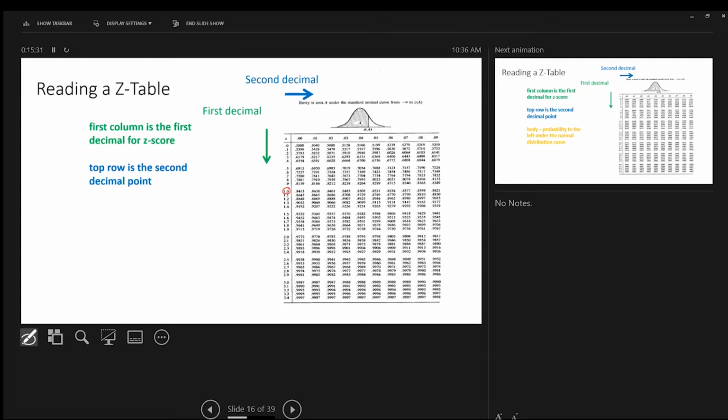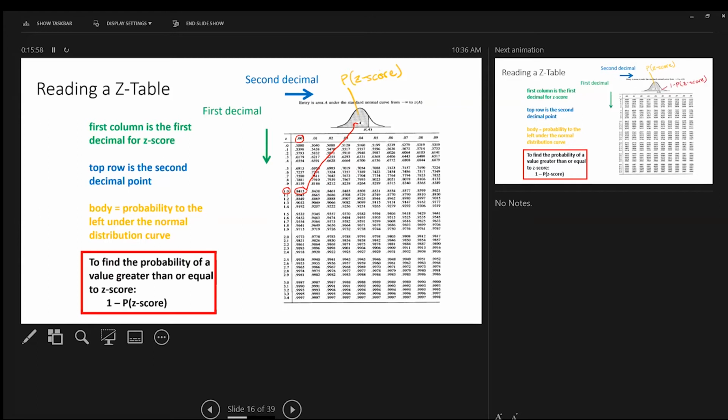There is no other decimal, so it'd just be 0, 0 right there. 0.8413. And again, that equals this probability to the left, this shaded area. It's the probability of our z-score. And again, if I wanted to find the white area, I'd have to do 1 minus that probability.